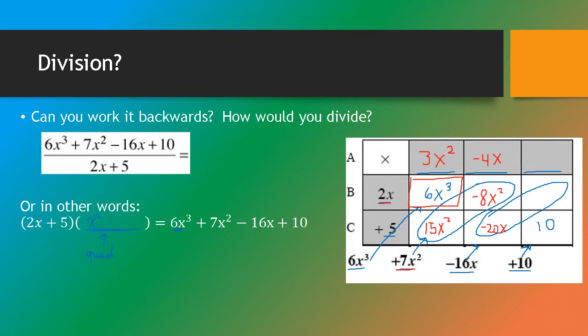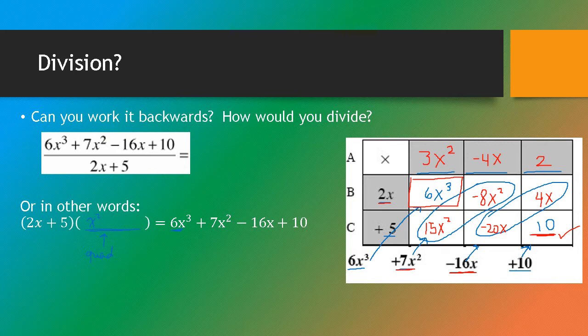Once again, I need a sum of negative 16. So this box must be 4x. And since 4x is 2x times 2, 2 times 5 is 10, and that completes our reverse product.